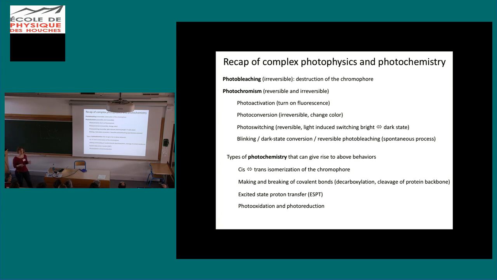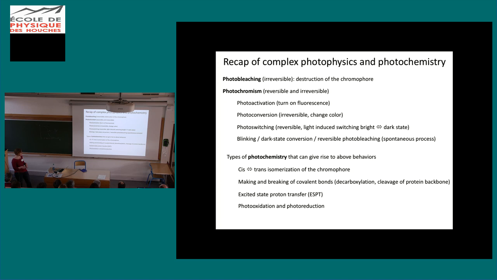We also have seen examples of different kinds of photochemistry, where we refer to a process as chemistry often if it is involving a change in the electronic structure or in the chemical structure. So there are examples of cis to trans isomerization of chromophores, particularly the fluorescent protein chromophores.